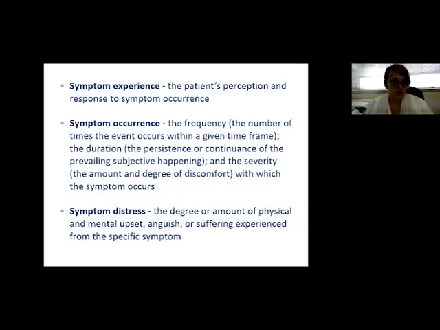It might also reflect the duration, which is the persistence or continuance of the prevailing subjective symptom, and also the severity, the amount and degree of discomfort with which the symptom occurs. So overall, we often call it symptom distress or maybe symptom burden. And this is the amount of physical or mental upset or anguish that's experienced from a specific symptom.